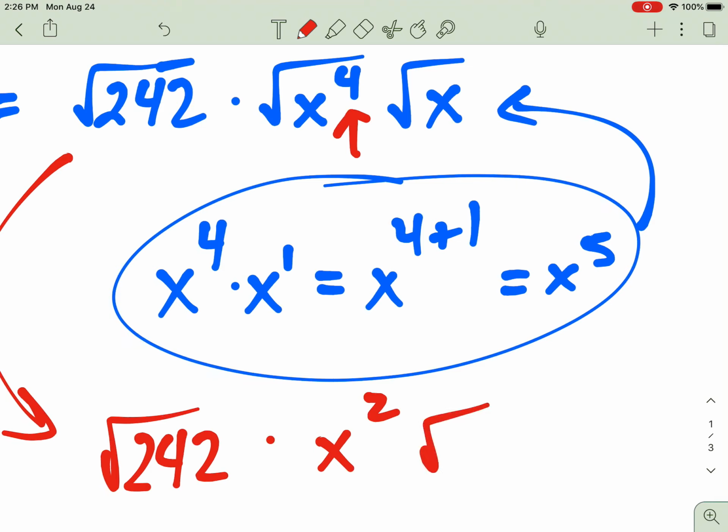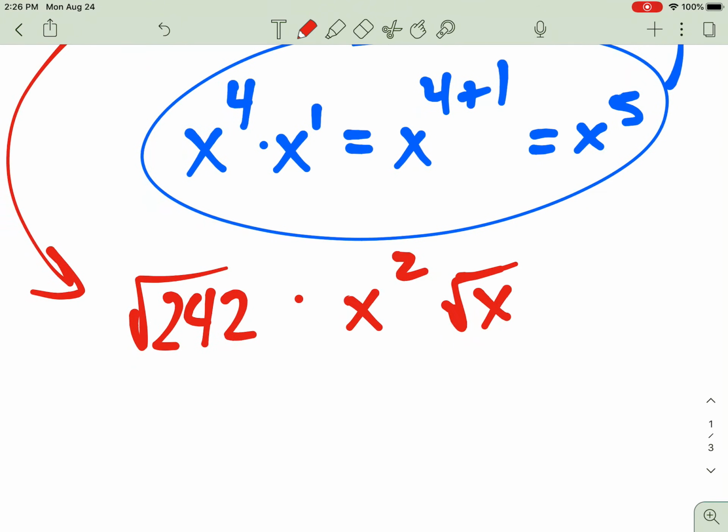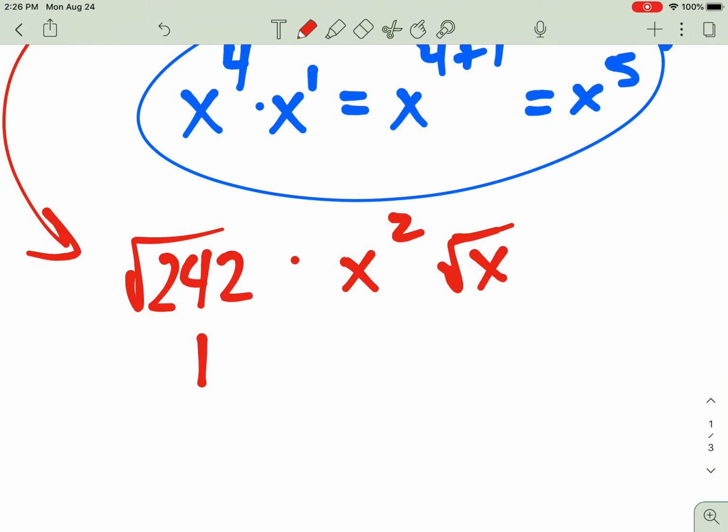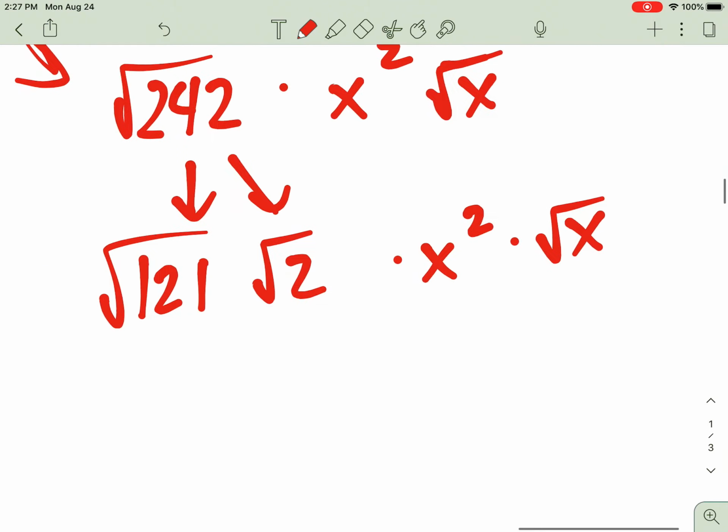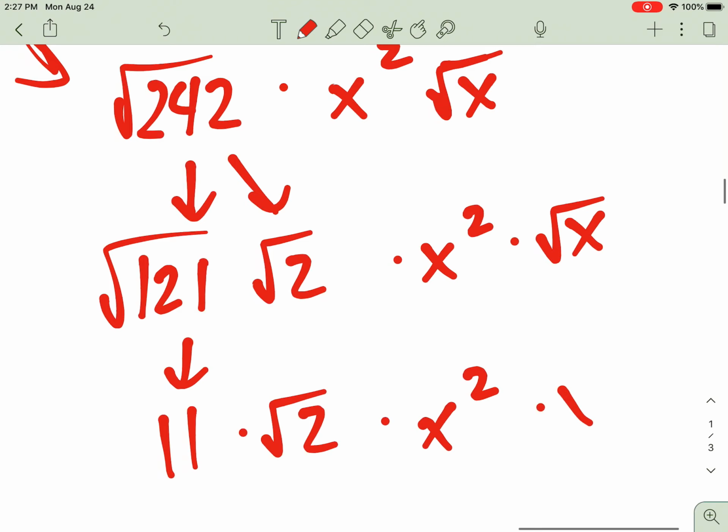And then we can't do anything with this one because it's an odd number. Okay, and then this splits up into 121 and 2. So this is now 11 times radical 2 times x squared times radical x.